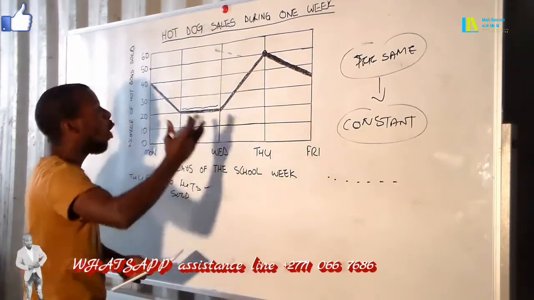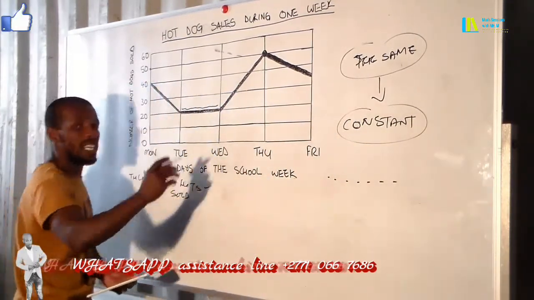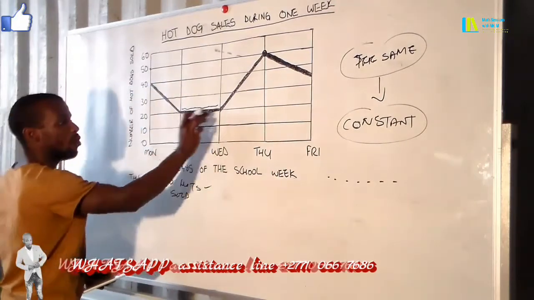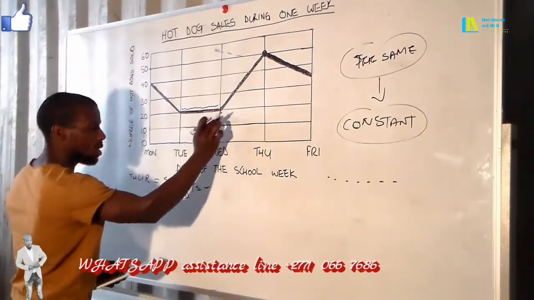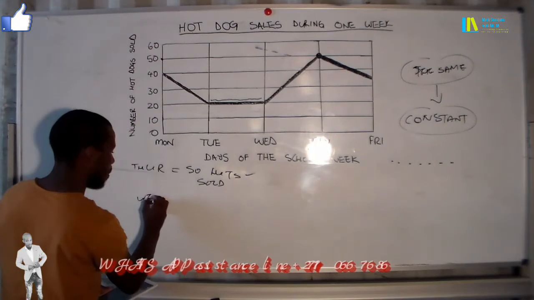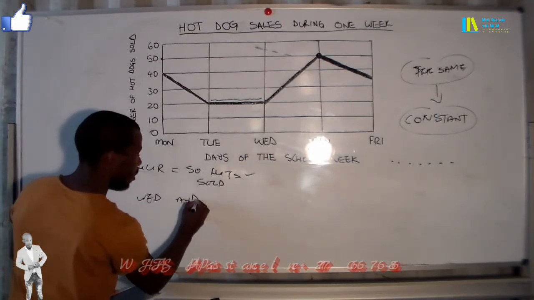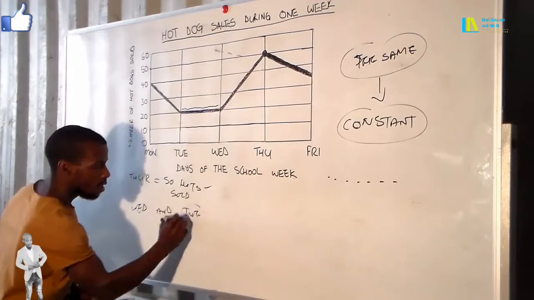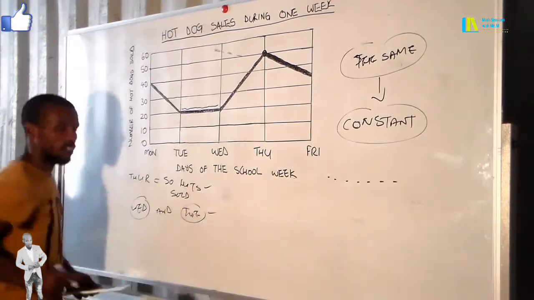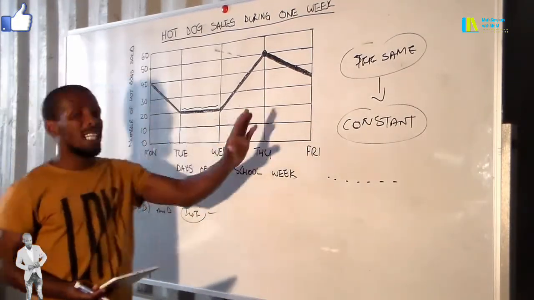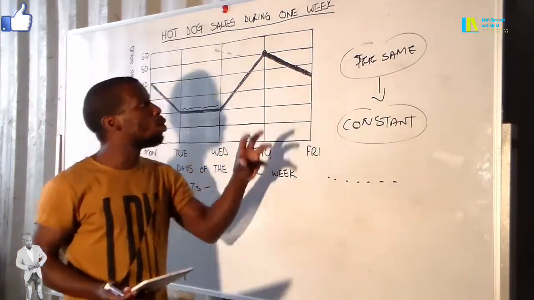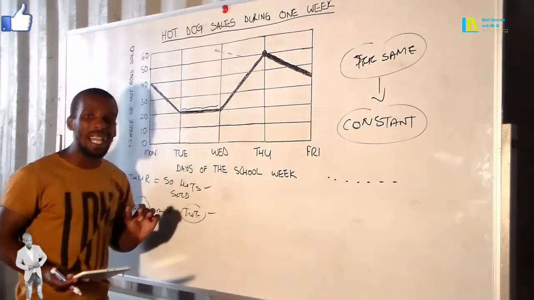So they say on which days, and it's easy now to see, because you have your constant from Tuesday to Wednesday. So it's Tuesday and Wednesday. So it's 2 days, and you get a mark for that one also. So these are the things that you must draw out when you are starting a line graph.